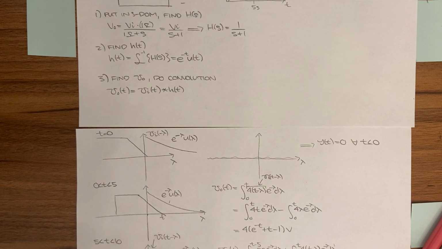You guys can go and work this out on your own. So I guess the last case we need to be worried about is where the input voltage gets so far shifted to the right, there isn't any part that's less than lambda equals 0.